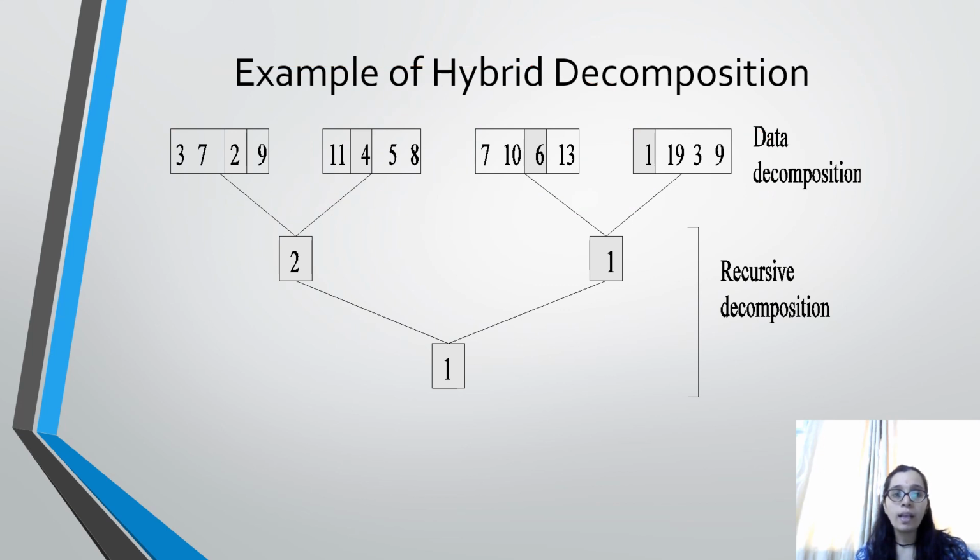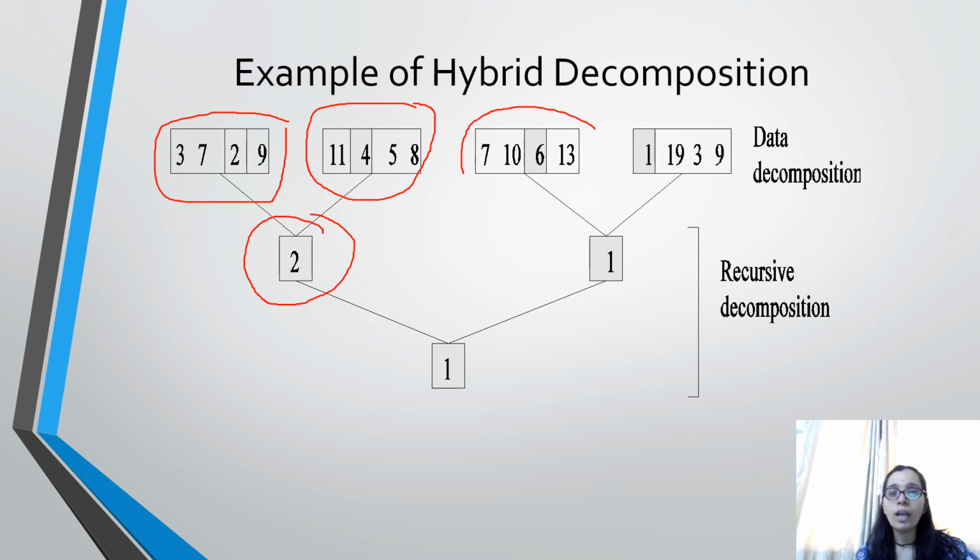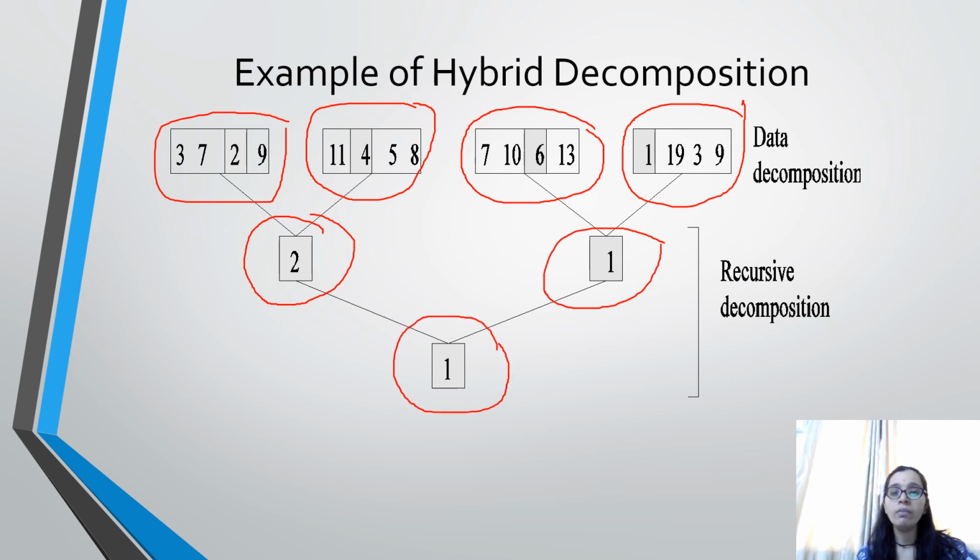Here two tasks can be run concurrently, and among these two tasks the minimum element is found, that is 2. Again from these two tasks the minimum element is found, that is 1. Again these two will run concurrently and the minimum among them will be found. So here hybrid decomposition has used a combination of two decomposition techniques, that is data decomposition and recursive decomposition.